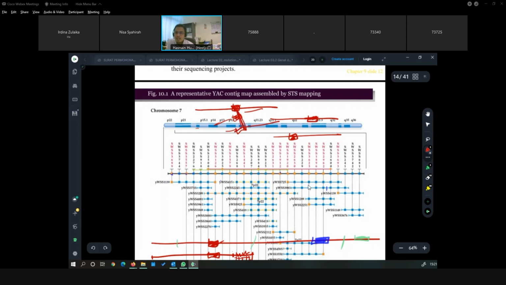But then the sequence over here are different because actually this marker can be located at 3 different positions on the chromosome. For example, the same marker sometimes located on the same chromosome at 3 different positions. So I don't know which one belongs to which. I need information from other fragment that is overlapping with them in order to confirm the position.